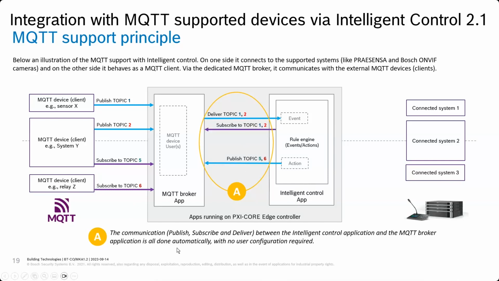That means the communication, publish, subscribe, and deliver between the intelligent control application and the MQTT broker is all done automatically with no user configuration. It will forward the topics to the event and action logic, which is in the rule engine, part of the intelligent control app.